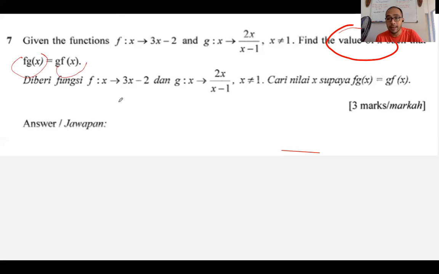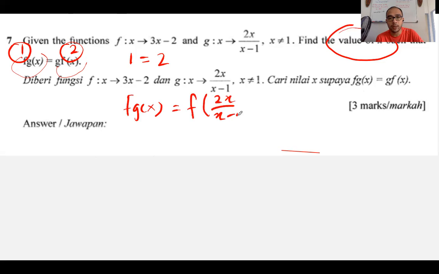Okay, so that's the step I will take. Find fgx, find gfx, and then 1 equals to 2. Itu saya buat. So, fgx equals to f, we substitute gx inside, 2x over x minus 1. Now remember, everything yang ada di sini mesti masuk di dalam x ini.